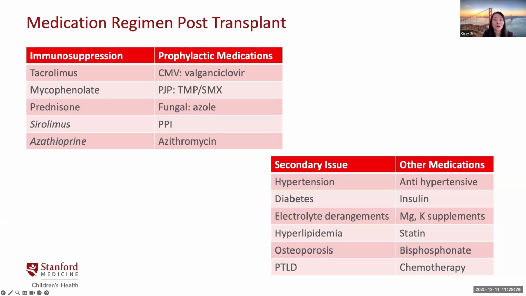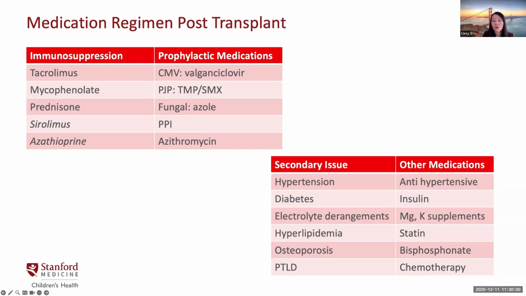And so patients are on immunosuppression, yes, but they are also on a whole bunch of prophylactic medications given that they are on immunosuppression. So all of our patients are on CMV, PJP, fungal prophylaxis. They're on a PPI and azithromycin. Not all of these prophylactic medications are lifelong, and it depends on some of the risk factors, in terms of what is their CMV status going into transplant.